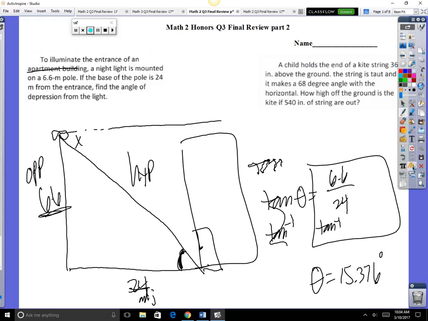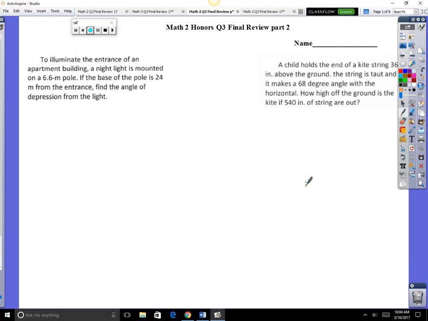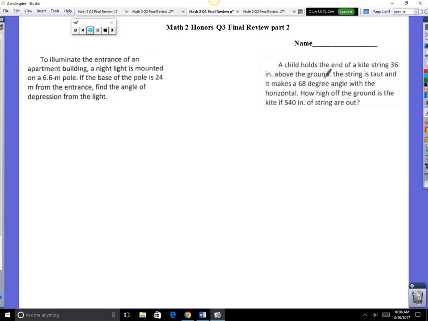Story number 2. I think we did this on the midterm. A child holds the end of a kite string 36 inches above the ground. So you got a kid holding a kite string. The kite string is taut, nice and tight, and it makes a 68-degree angle with the ground.